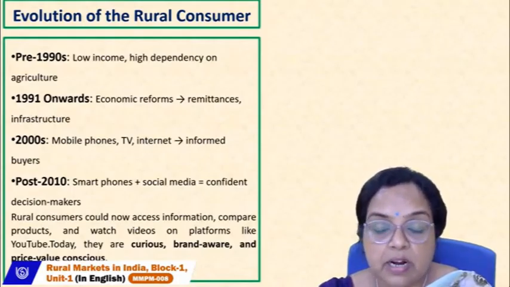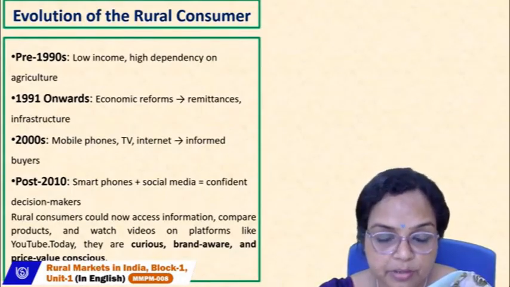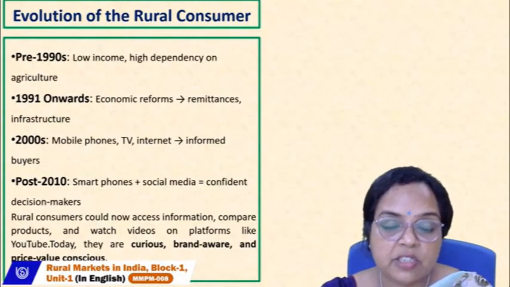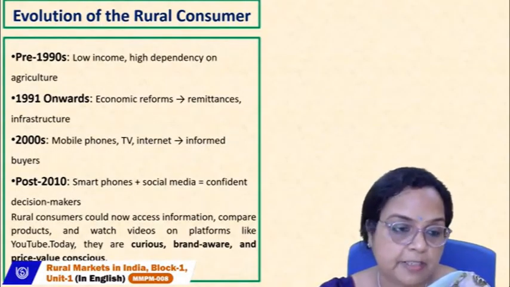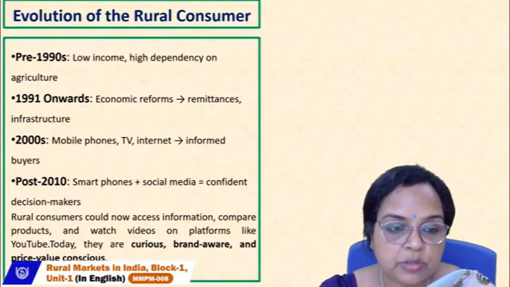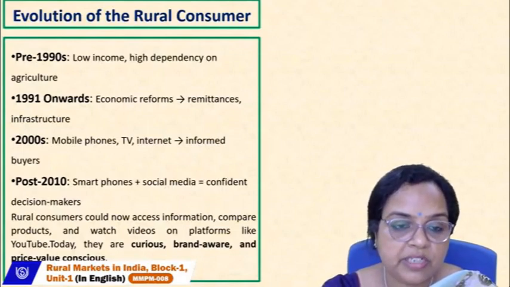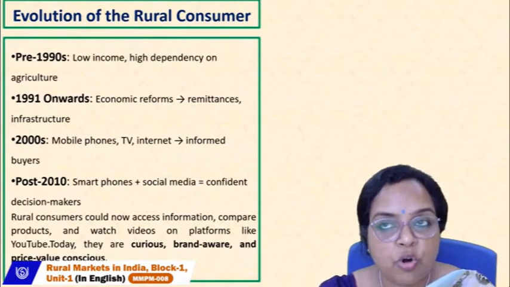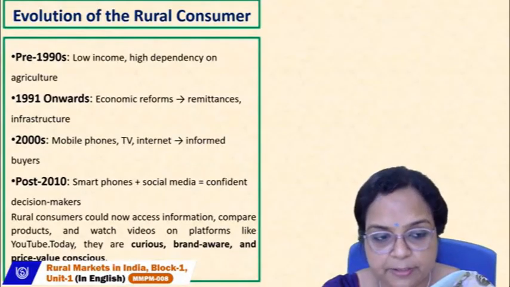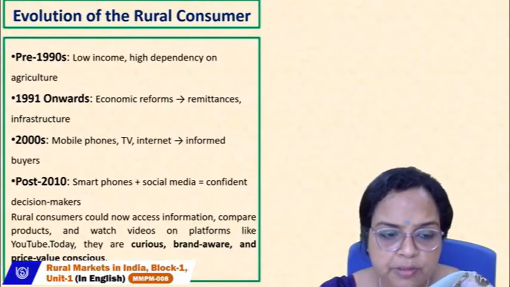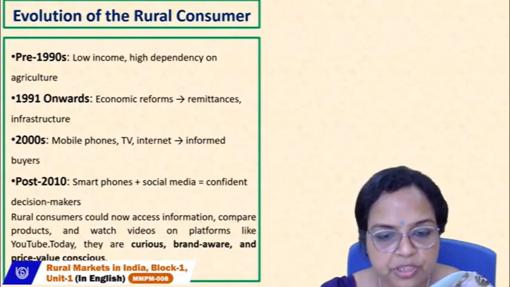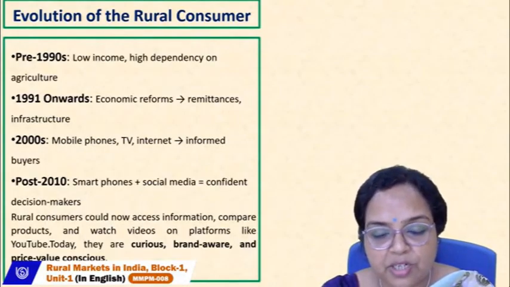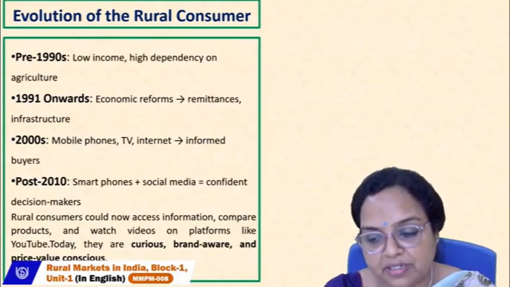Remittances had started coming to India, and infrastructure also took shape. In the 2000s, mobile phones, TV and internet connections were introduced. These all helped rural consumers to remain informed buyers. Post 2010, smartphones and social media made the consumer a confident decision maker.